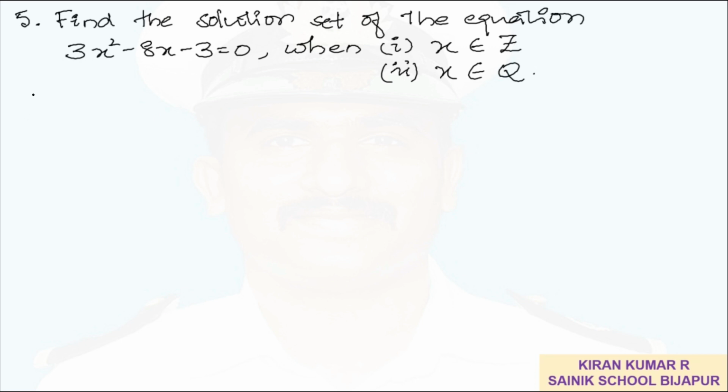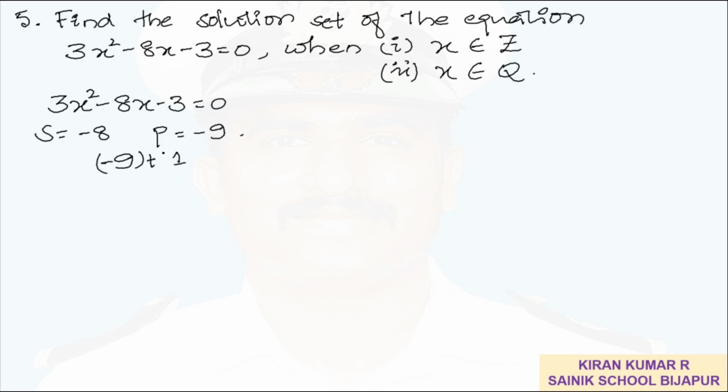Let's solve this equation. The given equation is 3x square minus 8x minus 3 equal to 0. Here we have the sum as negative 8 and the product is negative 9. The combination of negative 9 and positive 1 would work out.